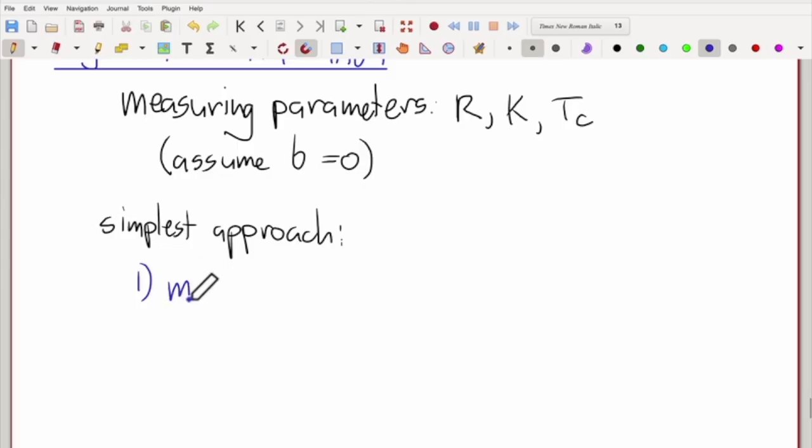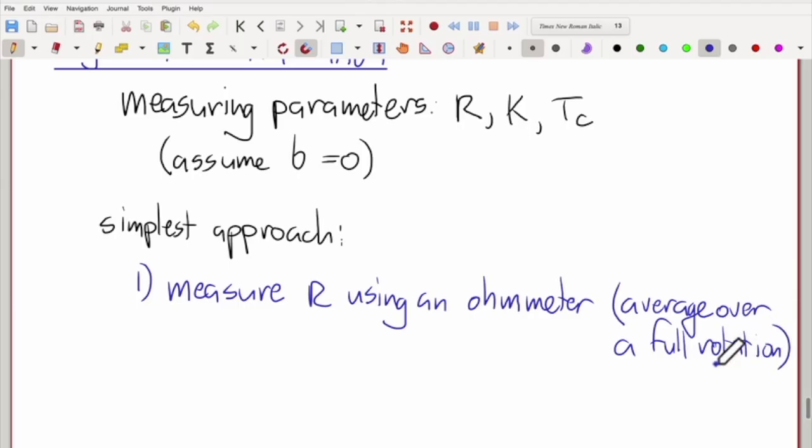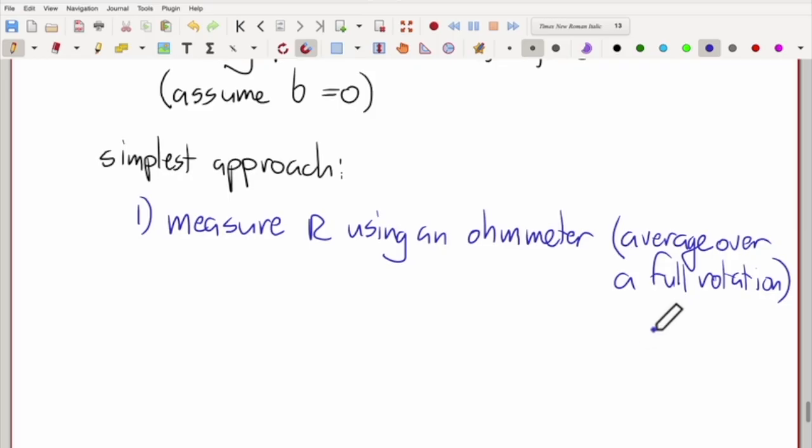So first of all, you would measure R using an ohm meter. And make sure to average over a full rotation, because the resistance can vary depending on commutation.